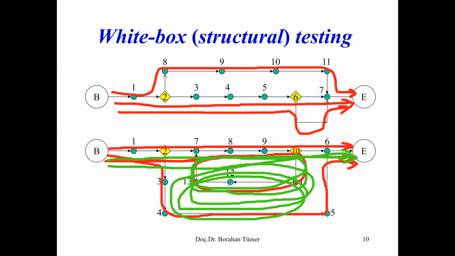But the last two are not independent paths. All right? So we have three independent paths.